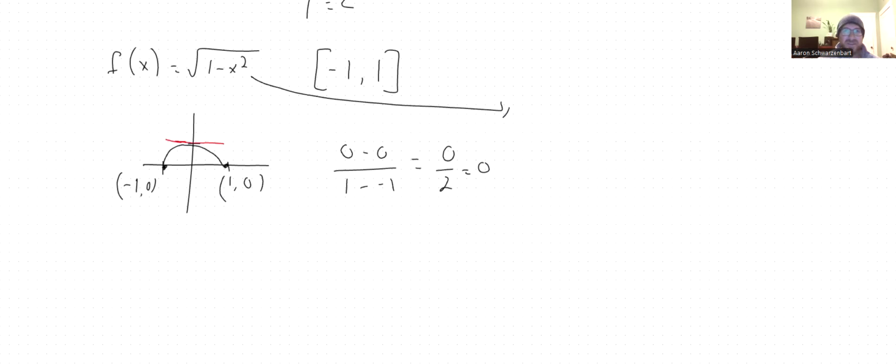But I can also do this. f prime of x. Well, this is a square root. So 1 half times 1 minus x squared to the negative 1 half times the derivative of the inside, negative 2x, giving me negative x over the square root of 1 minus x squared.